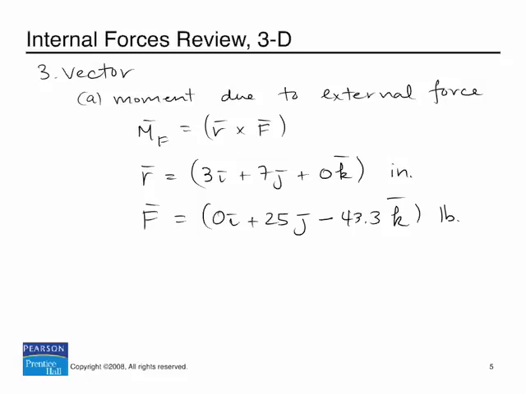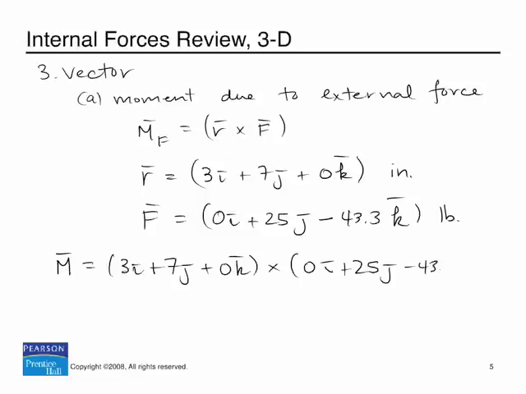So when we do the cross product, we're going to get M is equal to 3i plus 7j plus 0k crossed with 0i plus 25j minus 43.3k. Okay, and if we start doing this, we find i crossed with j gives me 75k.